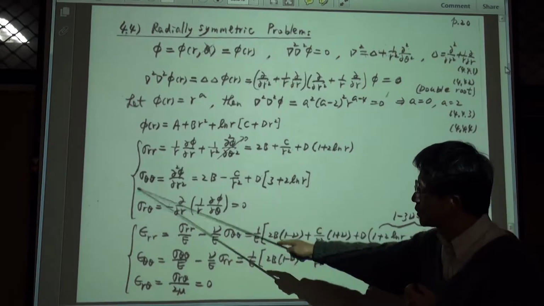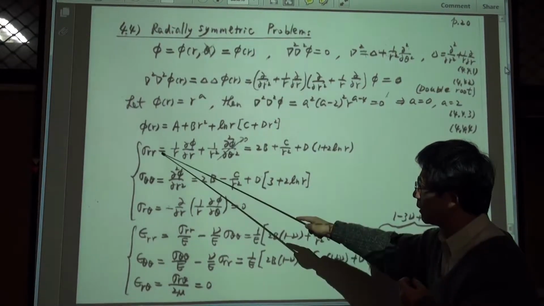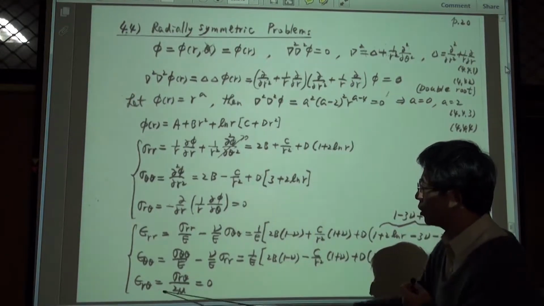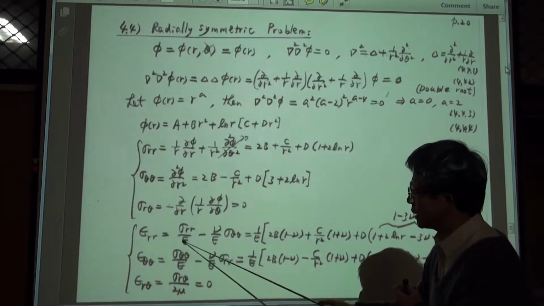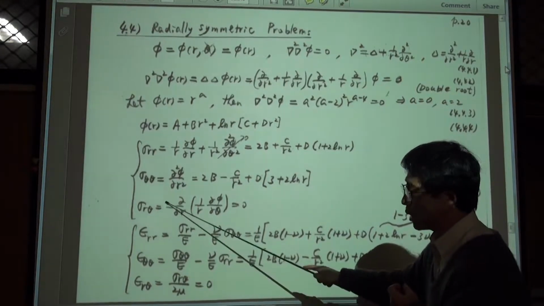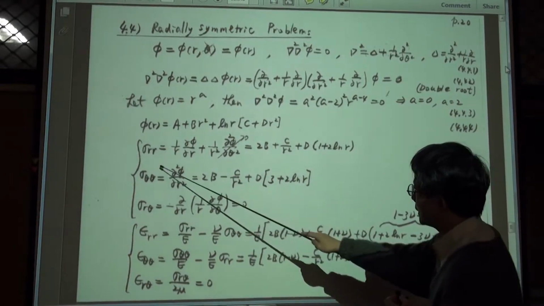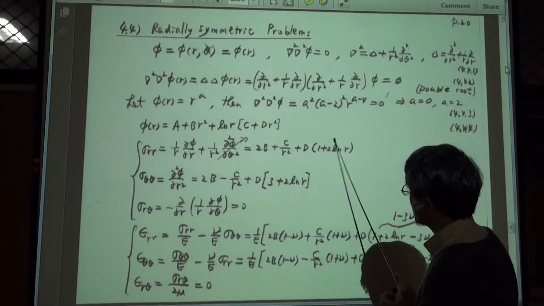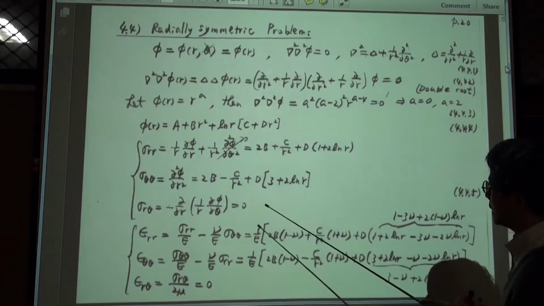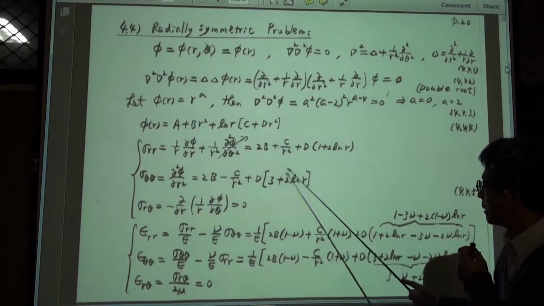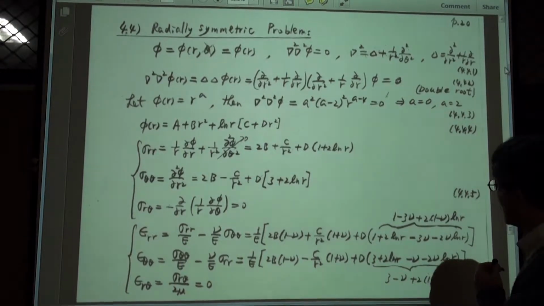And from this stress function, these stress components, we can use Hooke's law, the stress-strain relation, to compute the strain components. We just put sigma r here, and sigma theta here.